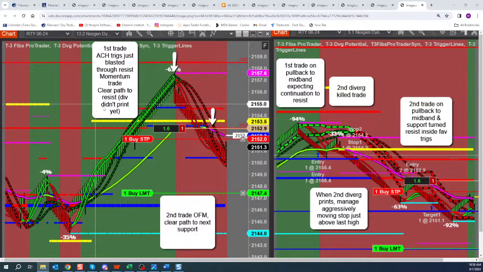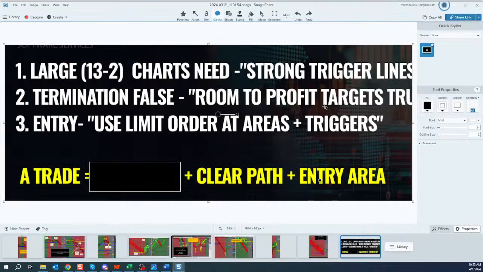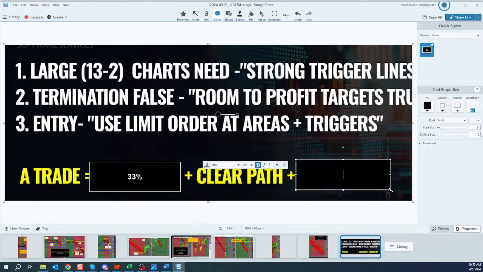Yeah, but it really wasn't even a medium probability trend trade, and this is how I want you guys to think. Remember that we're always talking to ourselves in terms of advantage. So you said to yourself, I don't have momentum. And that's 33% of my advantages right there. And then you have to be willing to say, I also don't have an entry area because my areas are beyond the triggers.